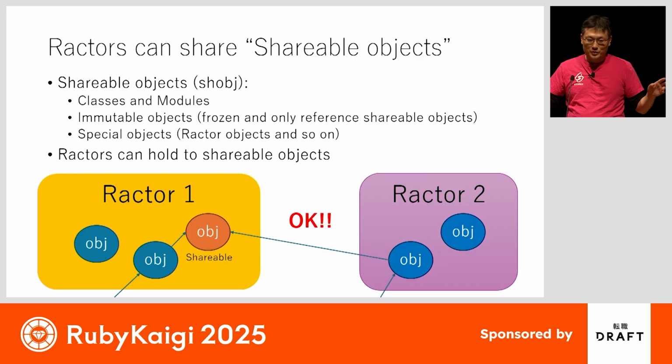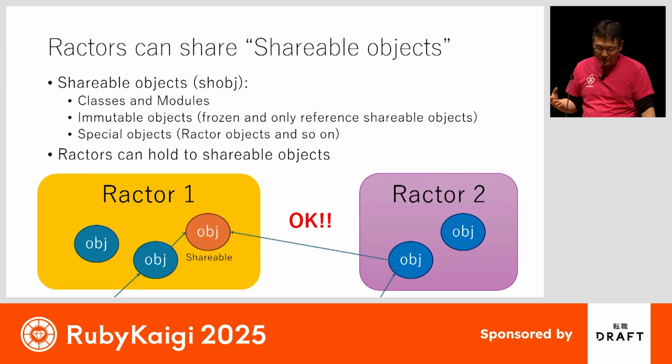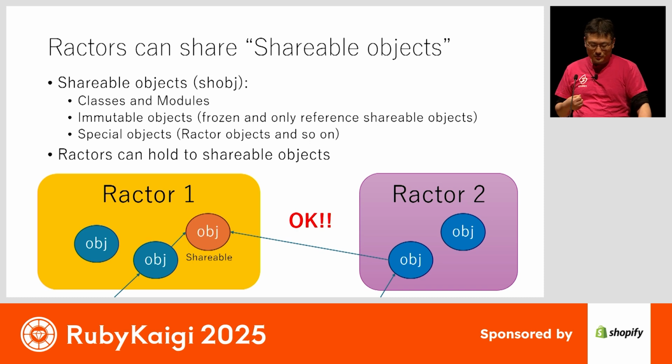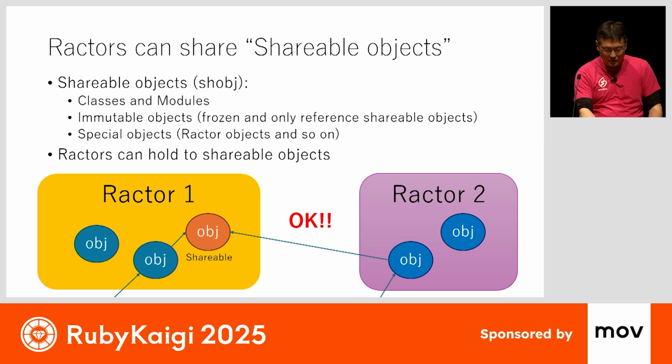However, this is a problem. Ractors can share certain objects called shareable objects. These include classes and modules, frozen objects that only reference other shareable objects, and some special classes such as Ractor objects themselves. In this example, both Ractor 1 and Ractor 2 are holding references to the same shareable object, this red one.